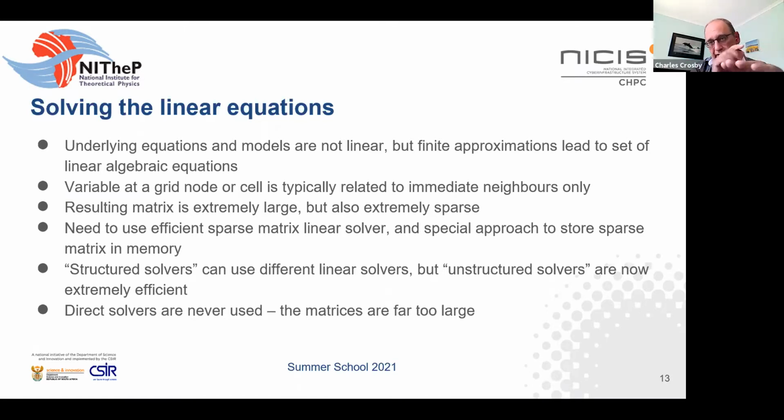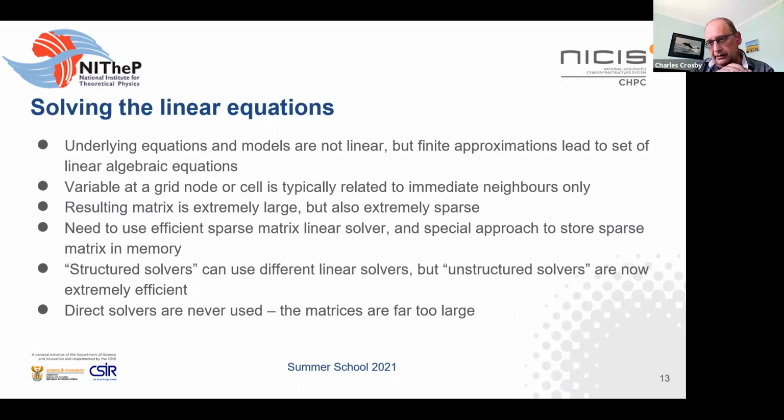So this particular grid cell gets its value related or expressed in terms of the values of its neighbors. Higher order schemes may take it out one extra layer of grid. But typically, let's stick with first order methods because it's easier to understand.